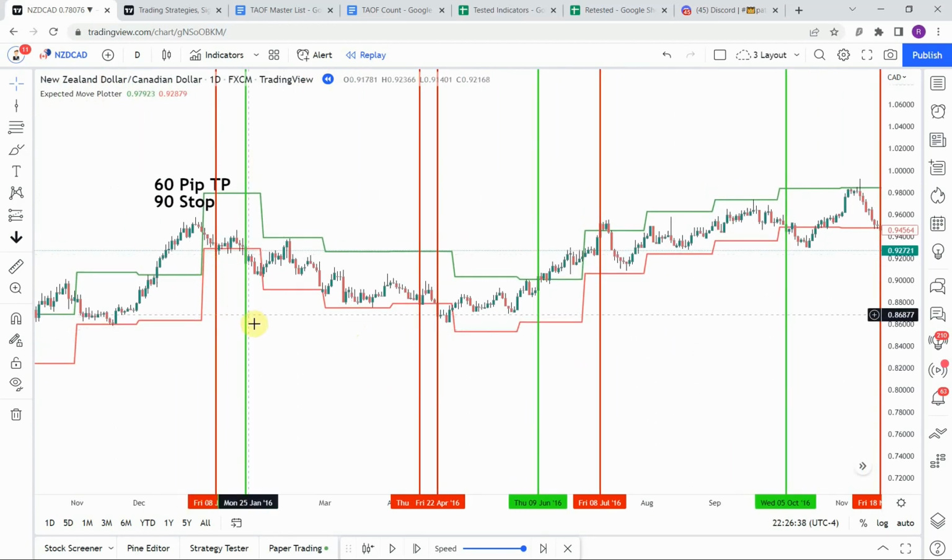We see quite a few times price comes right up to these bands, right down to these bands, and doesn't cross them, but just deflects or consolidates, does some other things before then pushing in some direction.